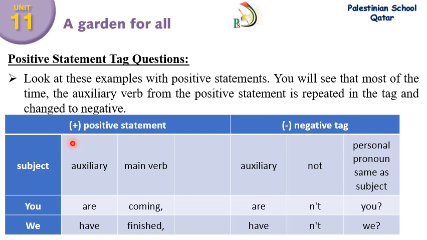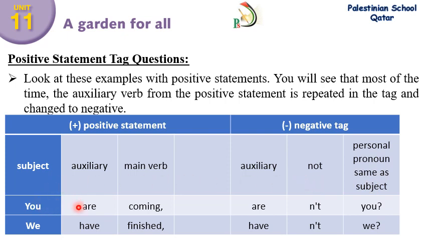Positive statement without not, negative with not. Subject, auxiliary, main verb. Negative tag, auxiliary, not, personal pronoun same as subject.